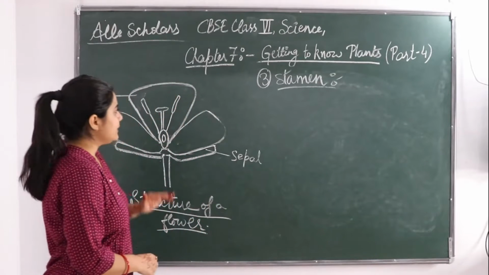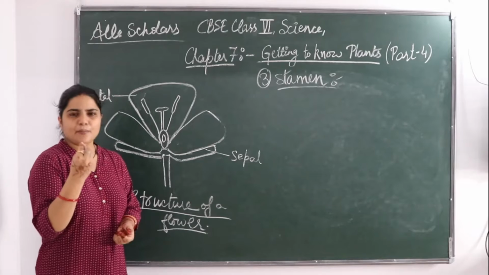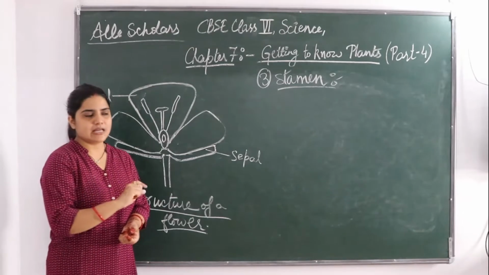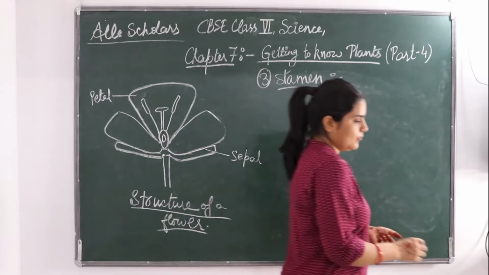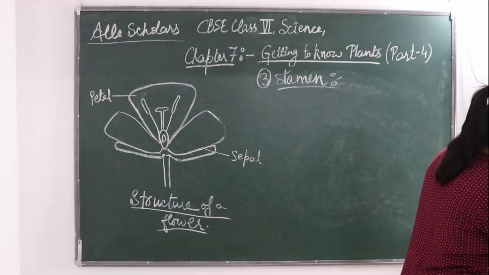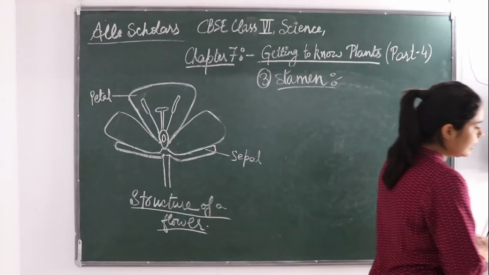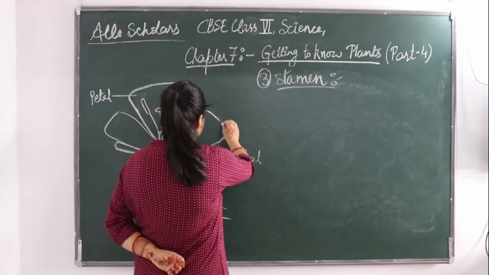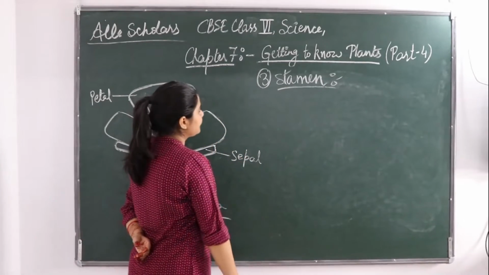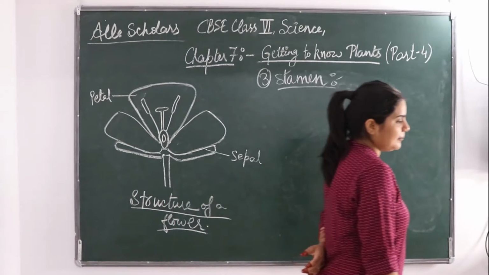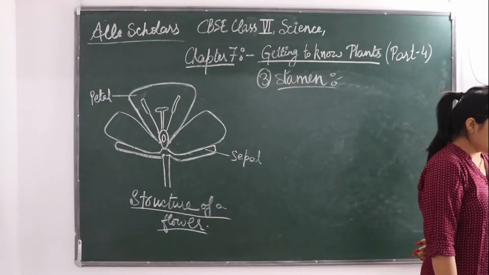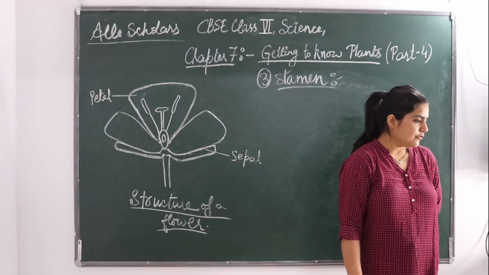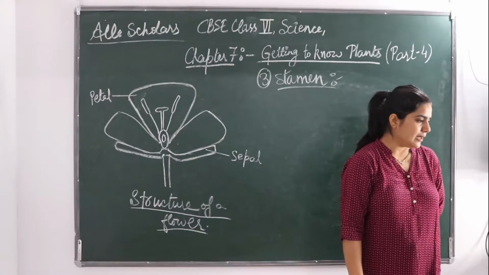The anther contains a powdery substance called pollen grains within it. The main thing about the stamen is that it is the male part. It is not the female part, it is the male part.